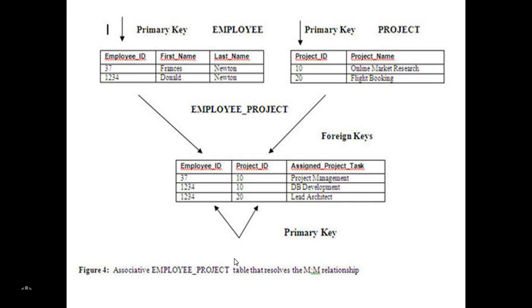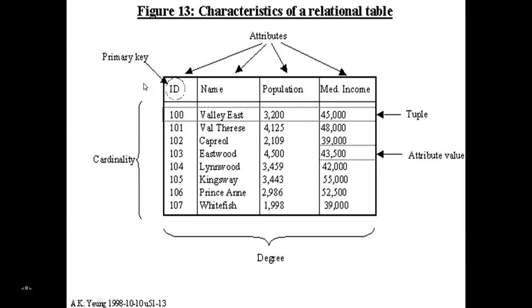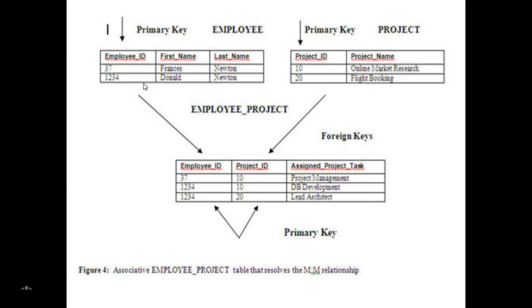There are some rules we have to consider in the relational model. For example, for attributes, if a primary key is to be a foreign key in another relation, it has to match the primary key of some tuple.